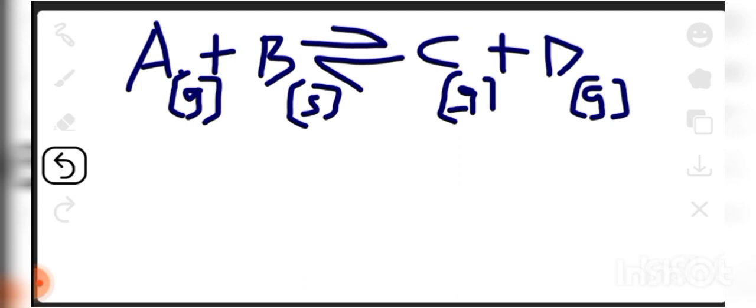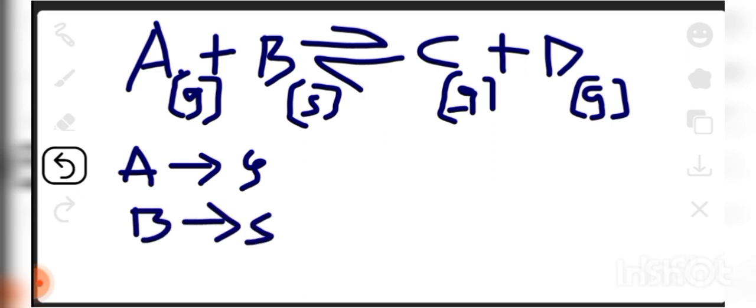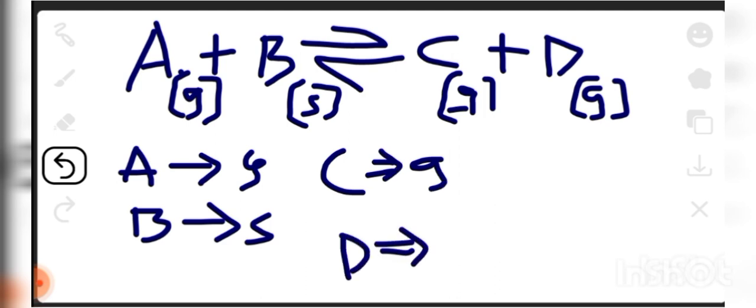If you check now, we have gaseous, but solid.